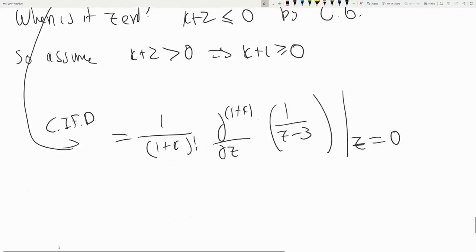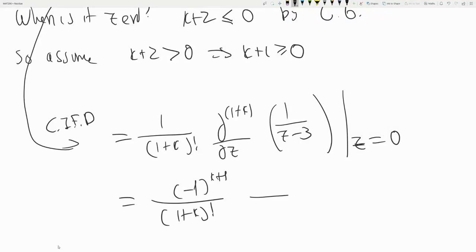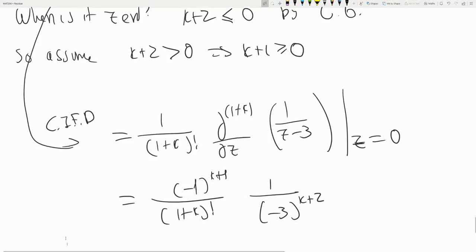All right, so I computed that, and that gives you minus 1 to the k plus 1, 1 plus k factorial over minus 3 to the k plus 2. Good. All right.